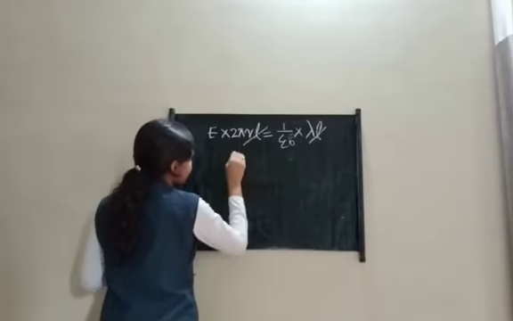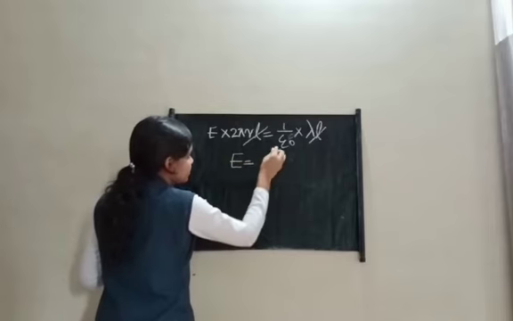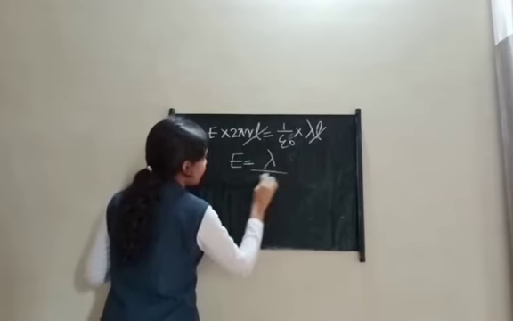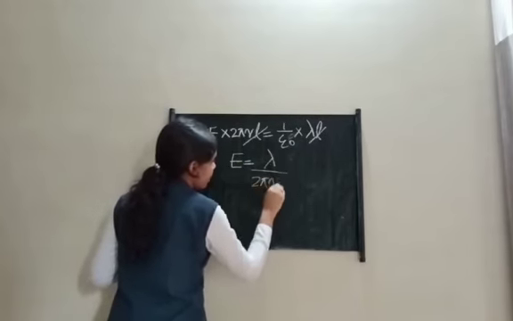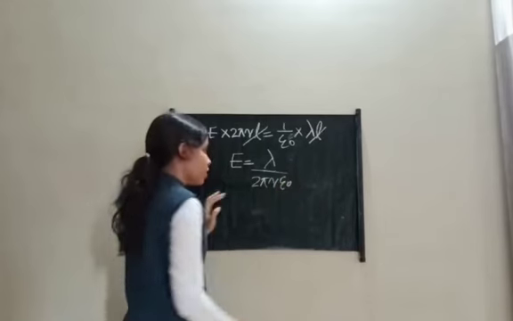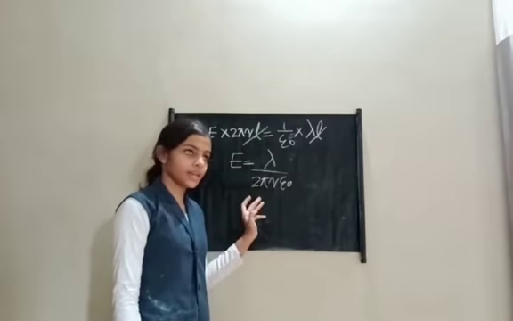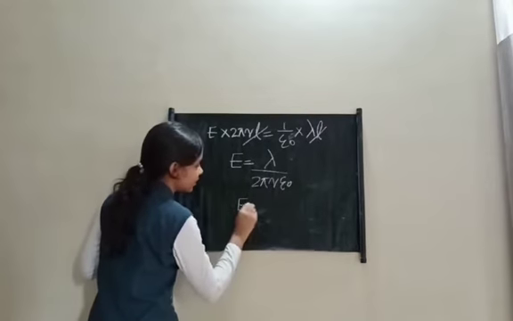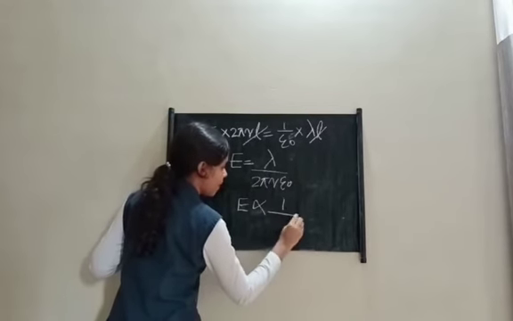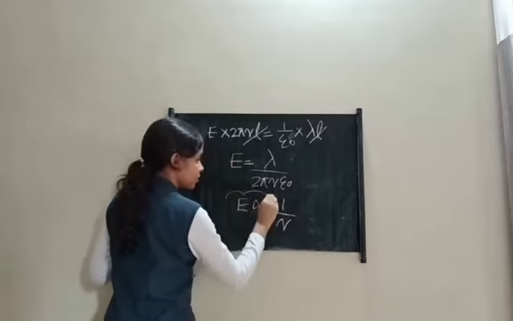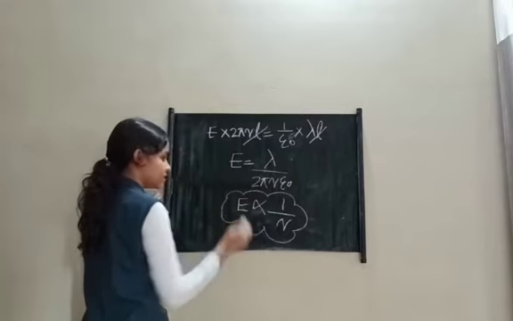So E now becomes lambda by 2 pi r epsilon 0, or E is directly proportional to 1 by r. This is a very important statement.